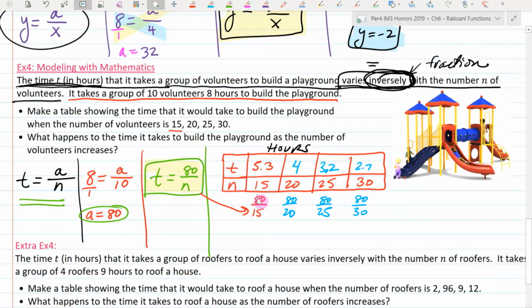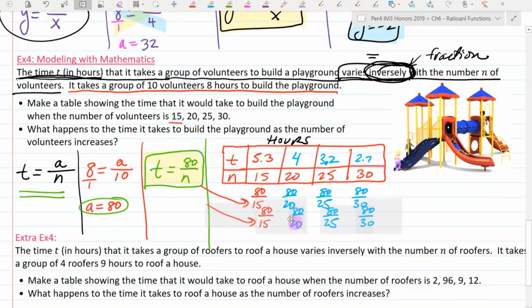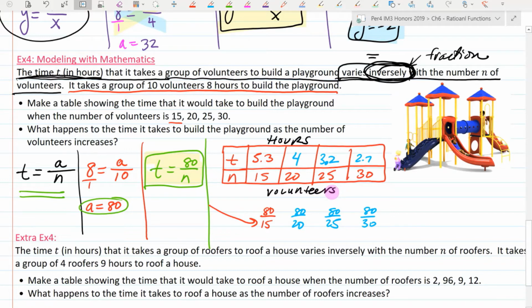And down here, these are the volunteers. So the question says, what happens to the time it takes to build as the number of volunteers increases? Well, obviously, as I increase the volunteers, it's going to take less time to build the playground.